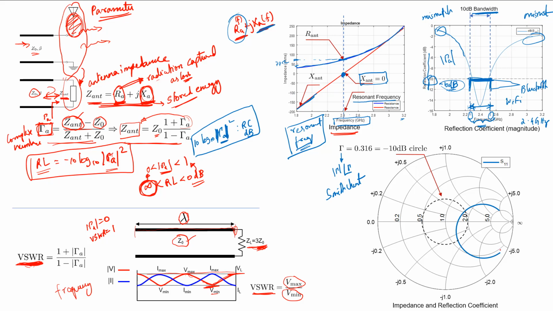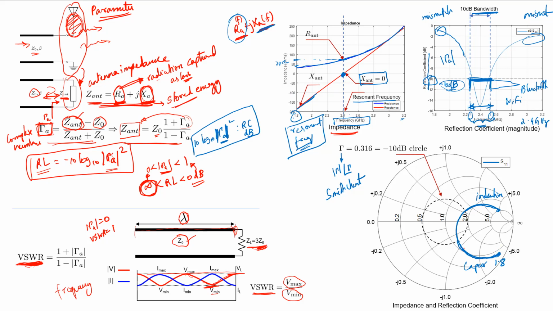So we see here that the gamma is plotted in this blue curve as the frequency sweeps from a lower frequency to a higher frequency. We can see that the gamma is moving from the capacitive half of the Smith chart to the inductive half of the Smith chart, which we can see here clearly from 1.8, maybe this is the 1.8 gigahertz, which is what we see here.